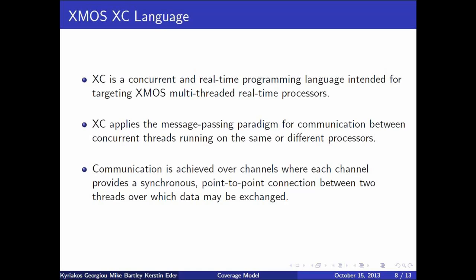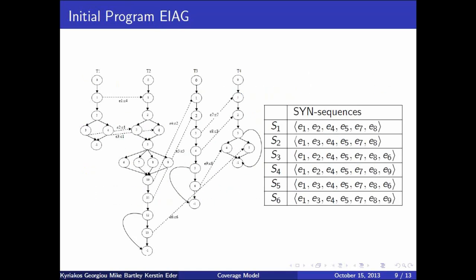Communication is achieved over channels, where each channel provides a synchronous point-to-point connection between two threads. So what we did was create a bug-free program, then introduce communication-related bugs into that program, and evaluate our coverage model by using it to create coverage tasks on that program.